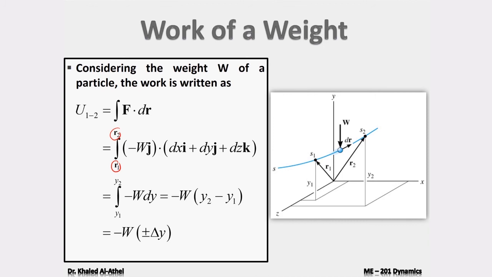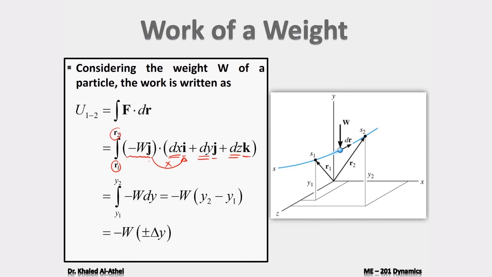I'm writing it as a vector, so it's minus W j, dot dr. Let's say I have a vector dr that goes from S1 to S2, so it's going to be some distance dx in i, some distance dy in j, and some distance dz in k.